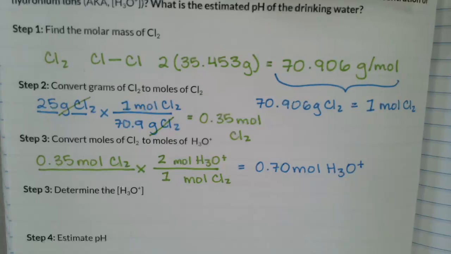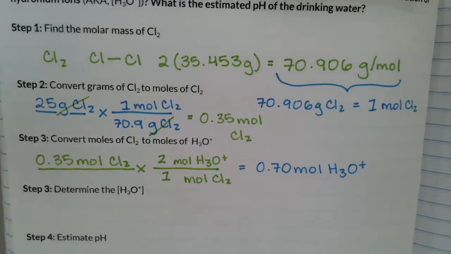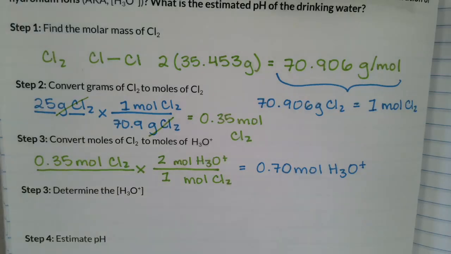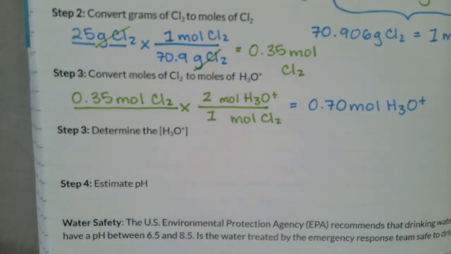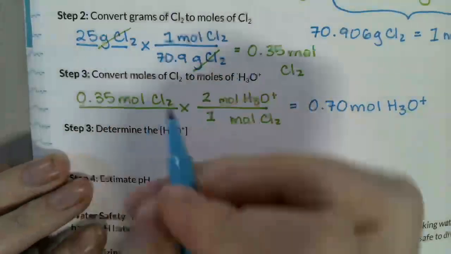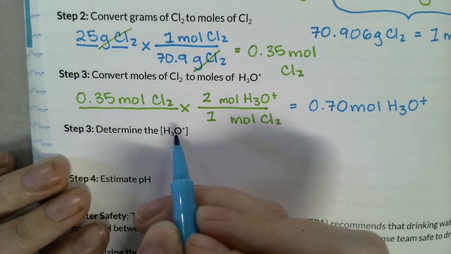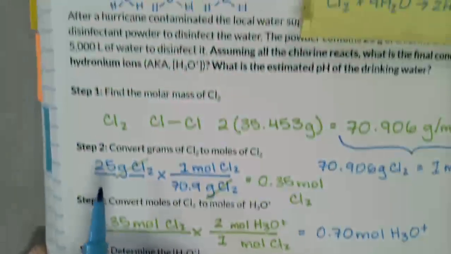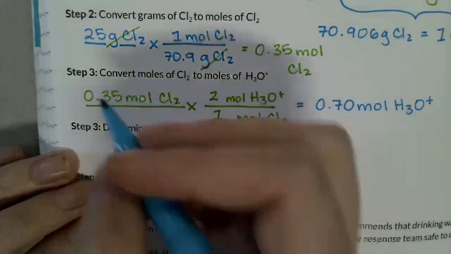Okay? Next, it says determine and then it says H3O+ in brackets. What does that mean? Concentration. Very nice. Concentration of H3O+. Anytime we're doing concentration, I want you to think of like Crystal Light or Kool-Aid. All right? We're always going to be doing some amount of substance in some amount of water, at least in this class. So, how much of this substance do I have? Well, originally we had 25 grams, but we converted that to moles of H3O+, right?